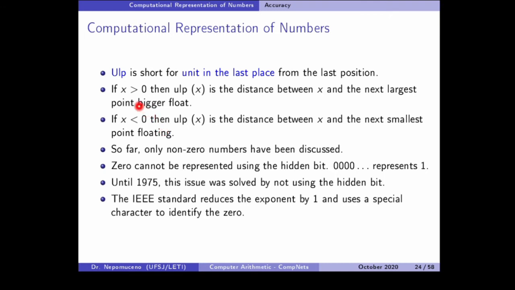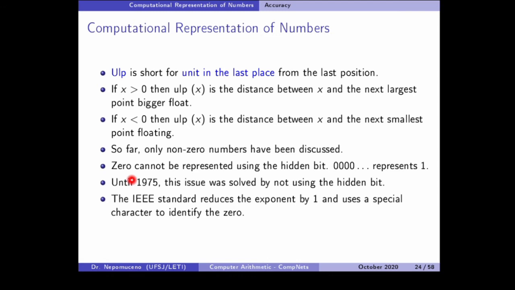If x is greater than 0, then ULP(x) is the distance between x and the next larger floating point. If x is lower than 0, then ULP(x) is the distance between x and the next smaller floating point.